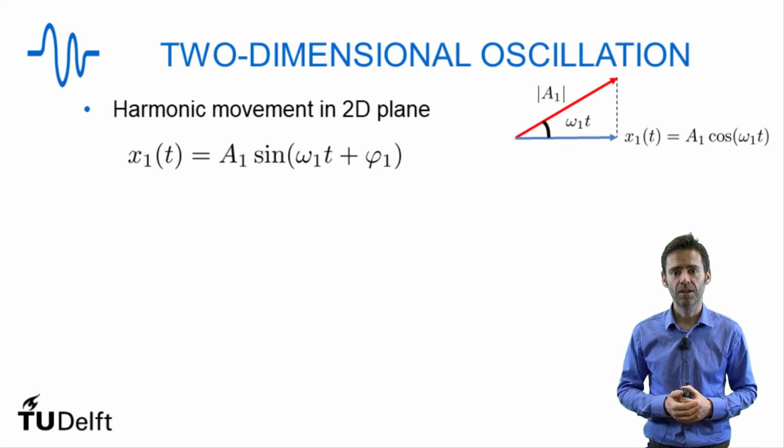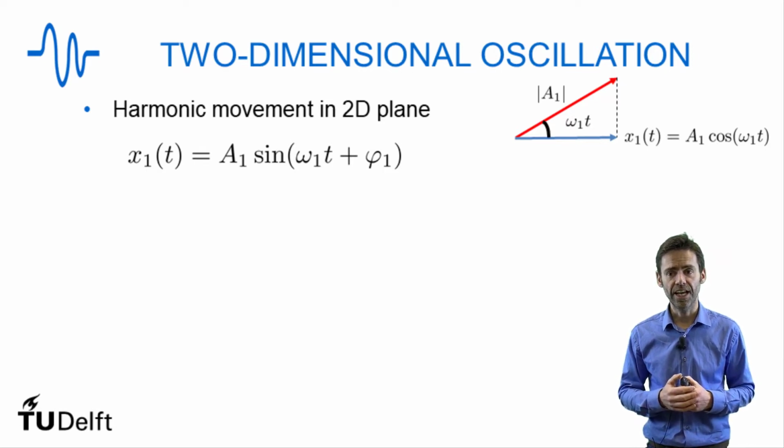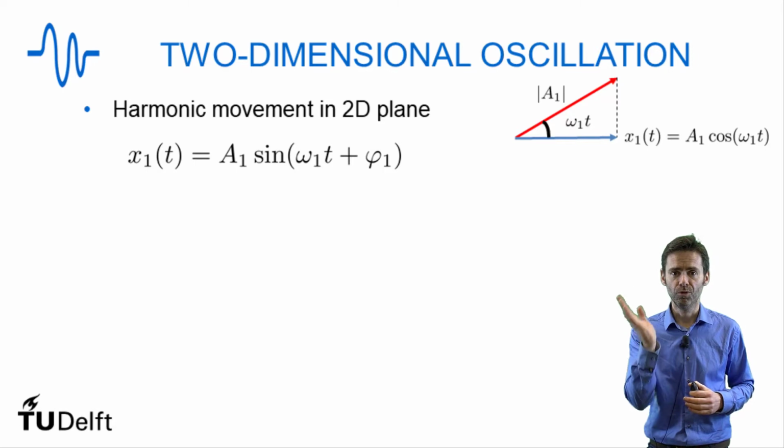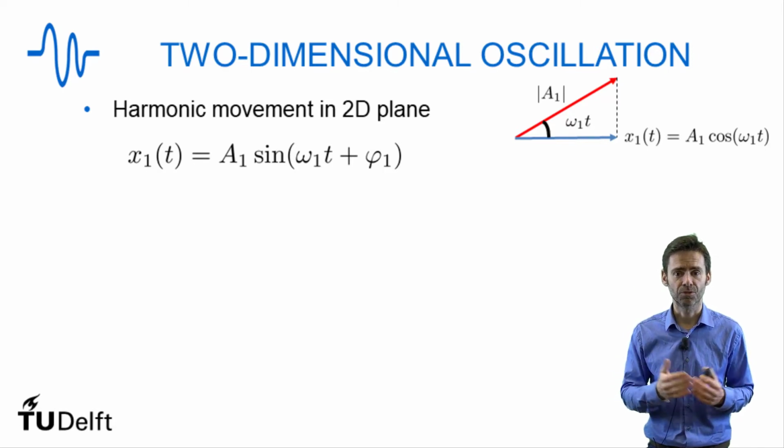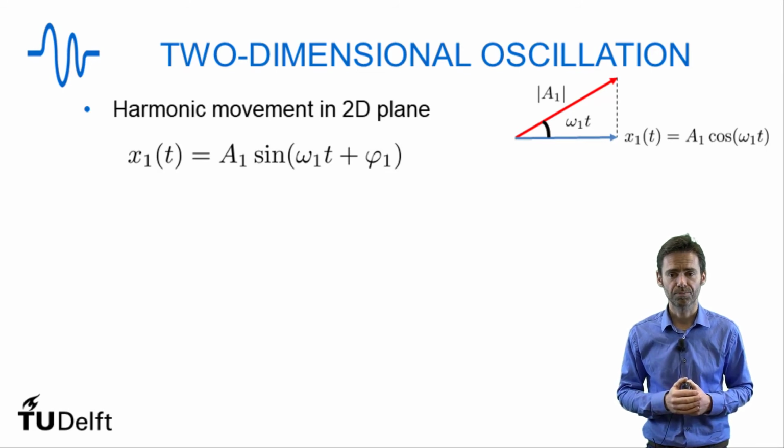So for example, our x1 of t is A1 sine(omega t plus phi 1), which can be represented as the x-coordinate of a vector moving in this xy plane, because for phi 1 equal to pi over 2, the sine becomes the cosine.